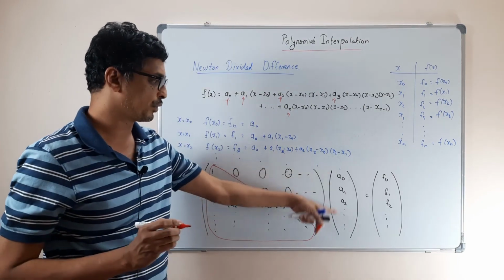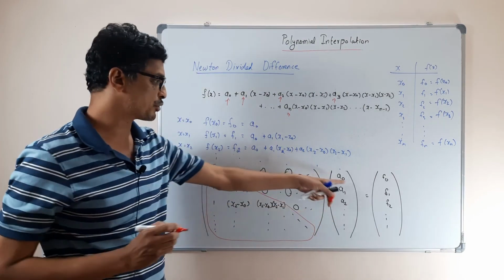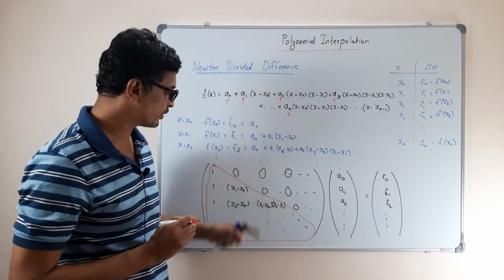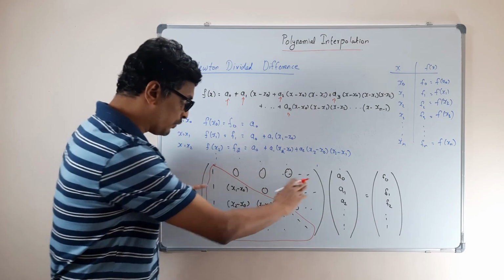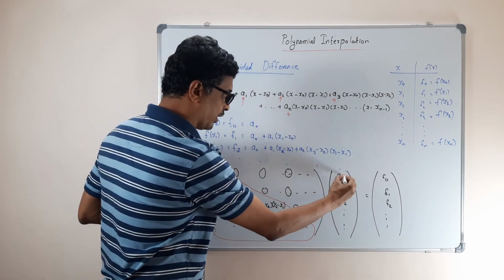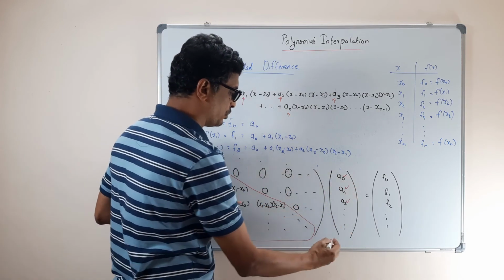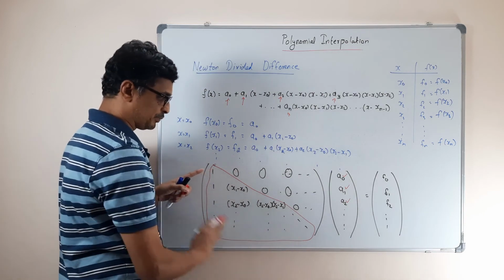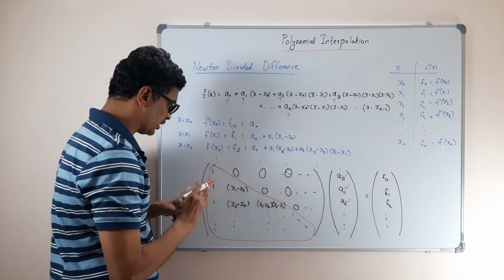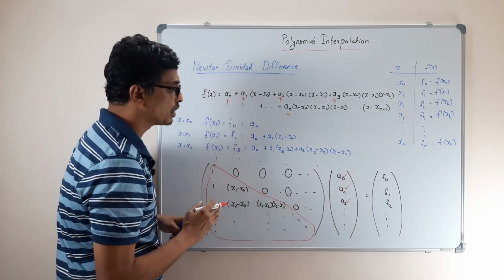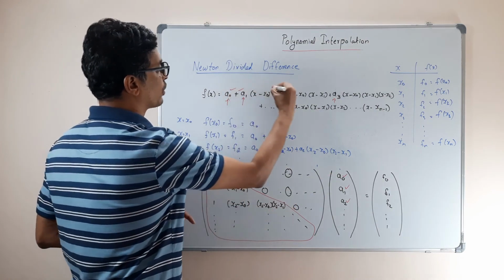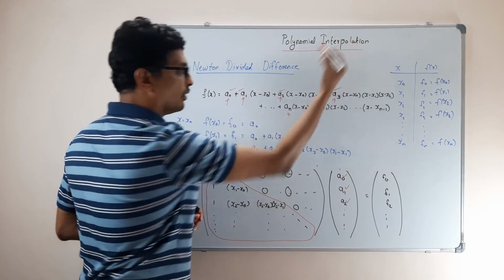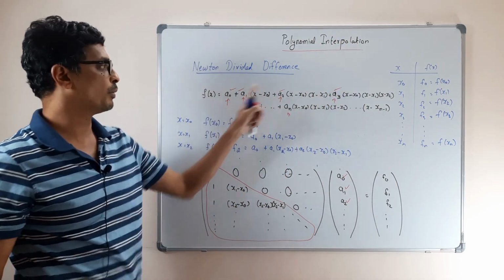For a0 to a1, that's nothing but forward substitution, which we have seen in our earlier classes. So we can solve for all the coefficients a0, a1 and a2 by solving this matrix equation using forward substitution. Once you know a0, a1, a2, that will enable you to construct this polynomial.